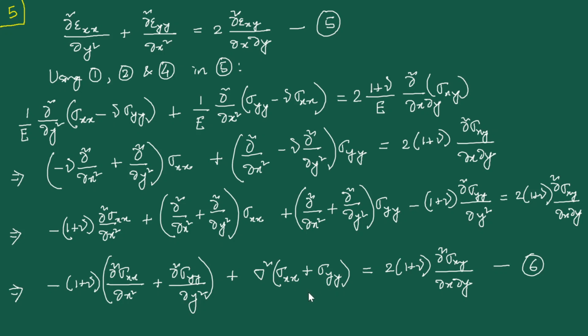Please note that earlier when we started all this discussion within the root of Airy stress function, our motivating equations were the stress equilibrium equations. But once we have started this formulation, we have not actually utilized the stress equilibrium equations till now.